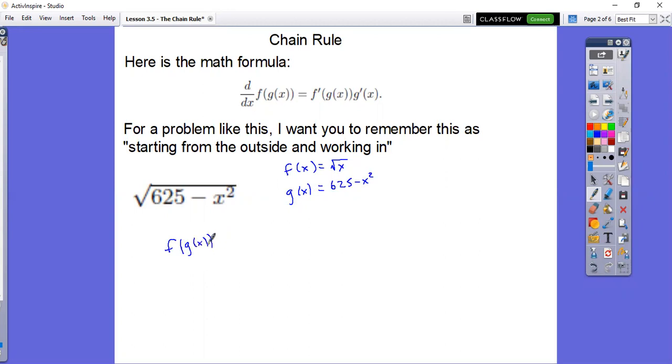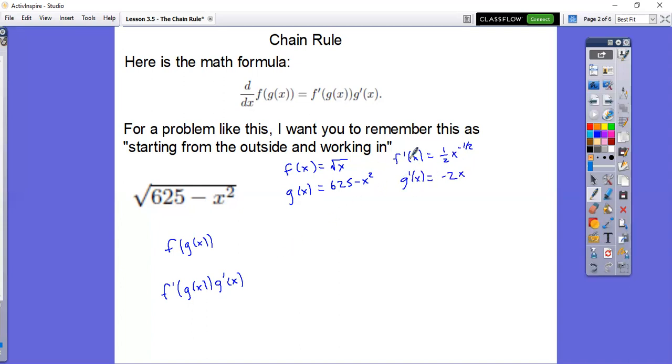And if I wanted to take the derivative, this would be f prime of g of x times g prime of x. So f prime of x would be equal to 1/2 x to the negative 1/2, and g prime of x would be equal to negative 2x.